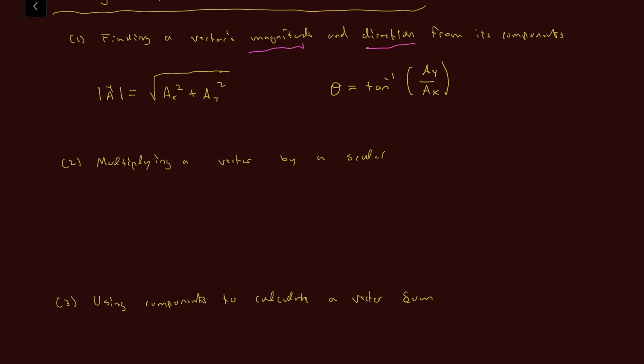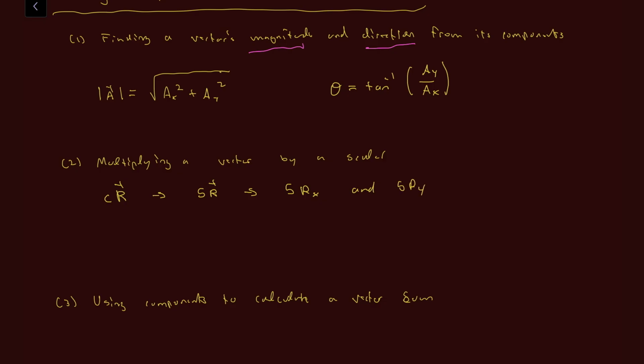Now let's go to section 2, multiplying a vector by a scalar. That's simply to say that if we take a vector r and we multiply it by a number, like let's say c, and let's say c is 5, so we have 5 times r, it would be the same as applying 5 times r x and 5 times r y.